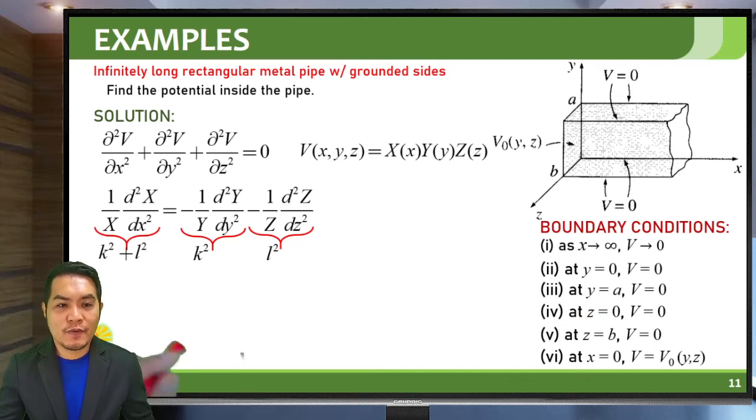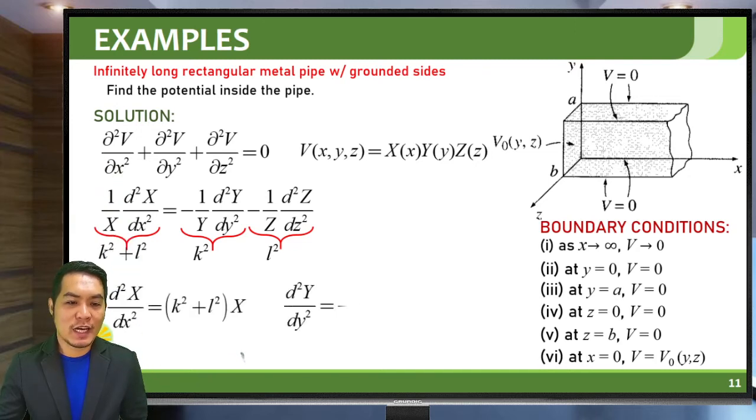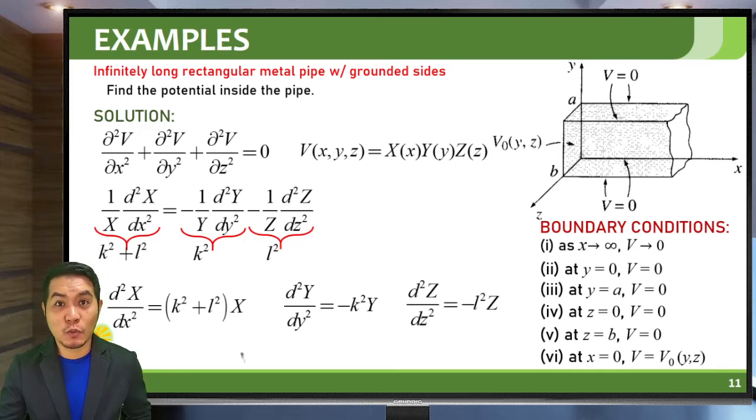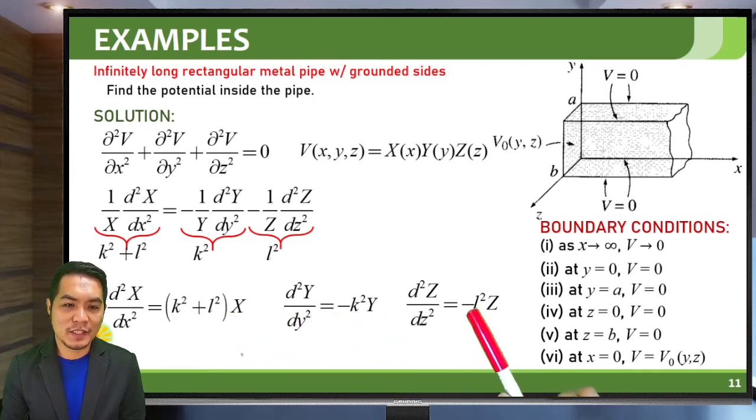So from this partial differential equation, we can now have three ordinary differential equations. From partial, it becomes a total or ordinary differential equation. So this is the differential equation in x, in y, and in z.